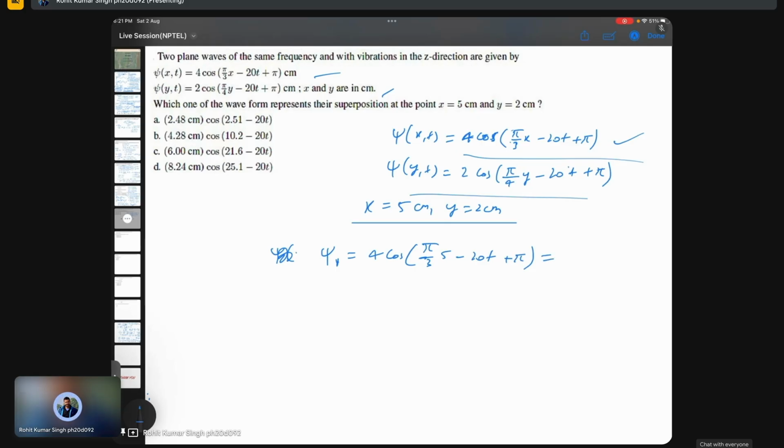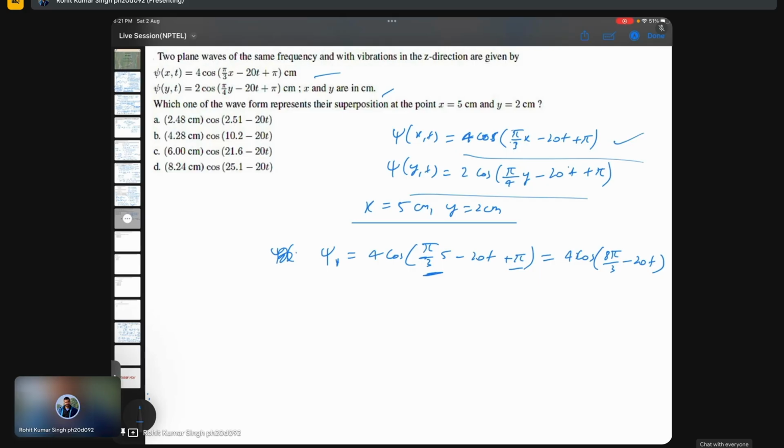This will be equal to 4 cos of pi plus 5 pi by 3, which is 8 pi by 3 minus 20t. Okay, someone has solved it, option 3. Yeah, that is okay. This is simple, right?